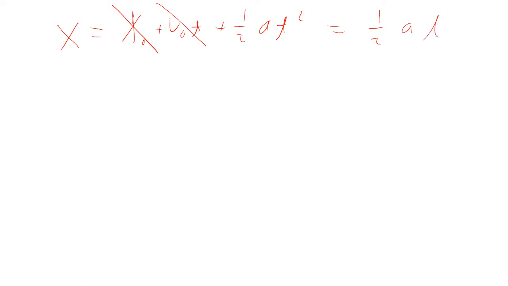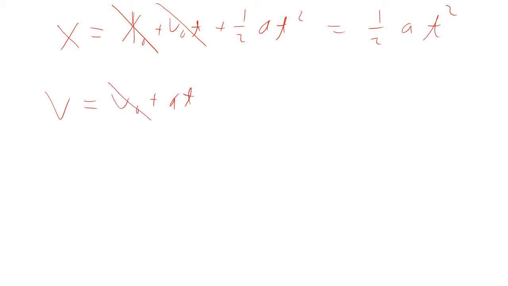Well, it's pretty straightforward. x equals x naught plus v naught t plus 1/2 a t squared. We can put our origin at the beginning. I said it started from rest, so this is going to be 1/2 a t squared. So all we need to know is t. Well, the velocity is v naught plus a t.